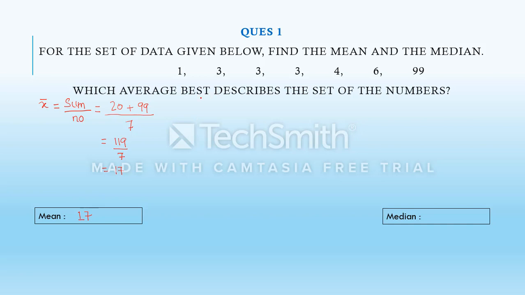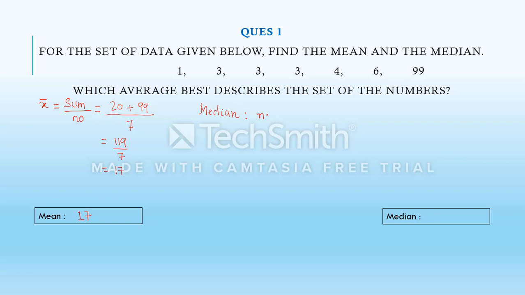Now let's go ahead and find out the median. As far as the median is concerned, we know the first step is to arrange the data in order. Over here, as we can see, the data is already arranged in the ascending order, so we don't need to bother much about that.